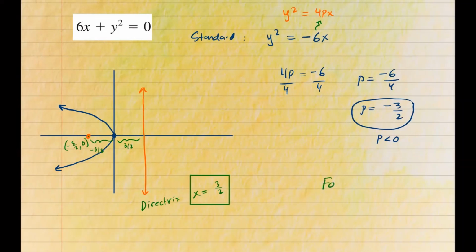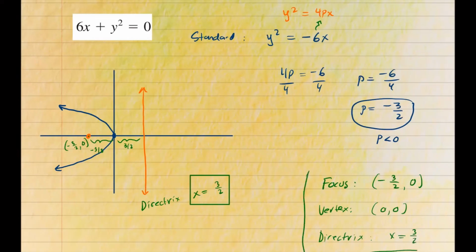So we know the focus from the graph, it's going to have the coordinate -3/2, 0. And we know the vertex is at the center 0, 0. And we know the directrix of this parabola, it's going to be x equals 3/2. Since it's a horizontal parabola, the directrix is a vertical line.